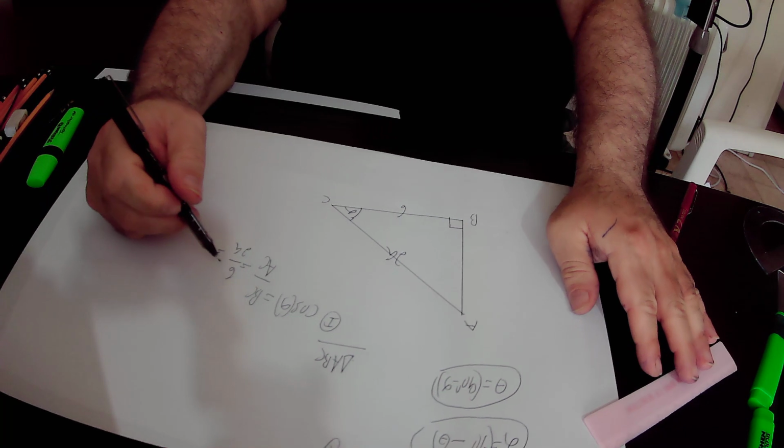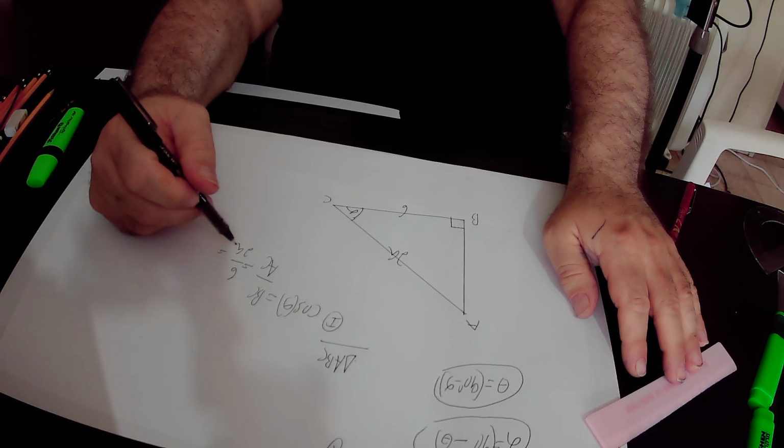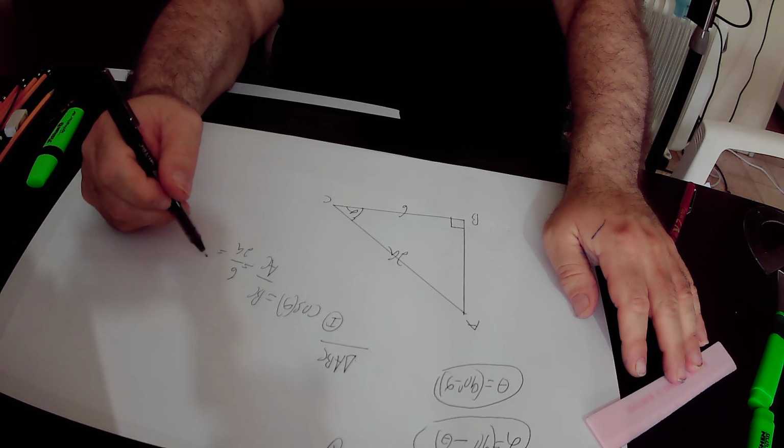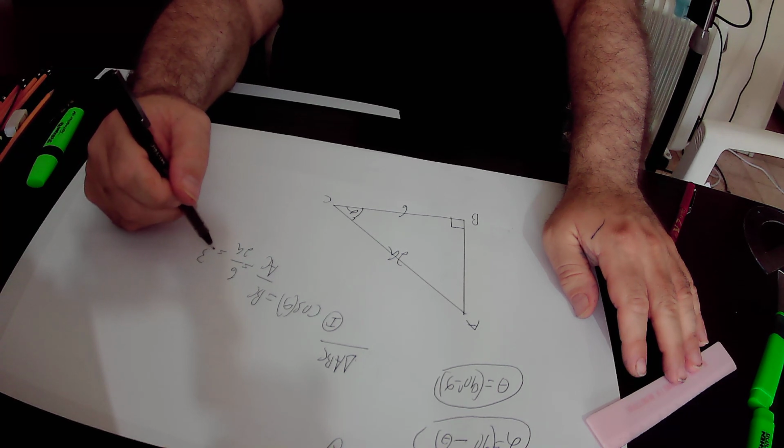Here we will divide both the numerator and the denominator of this side of equation number 1 by 2, and we get that 6 over 2 is 3, and 2 over 2 is 1.